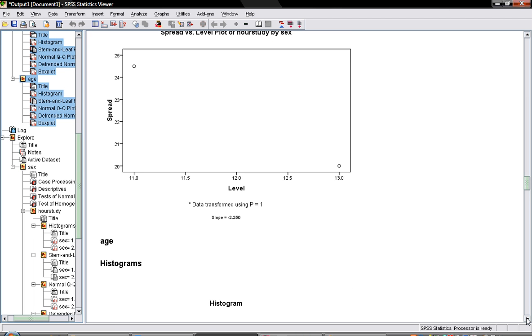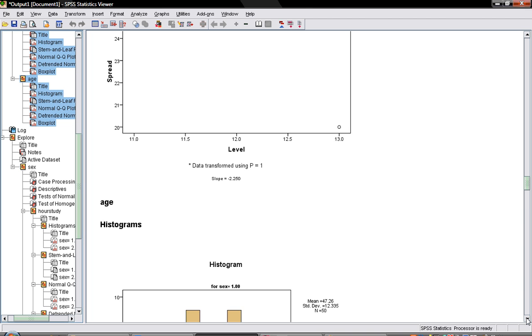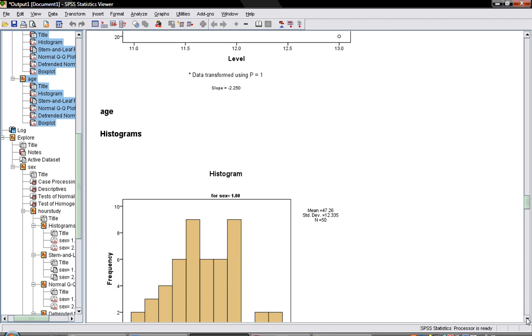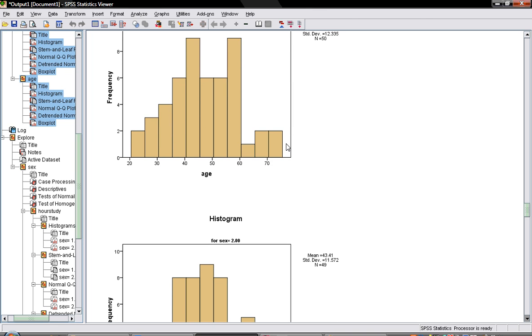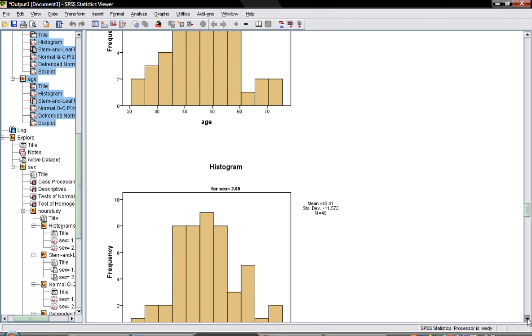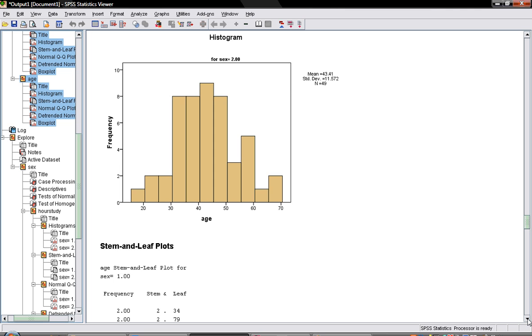Now for the age, which is normally distributed according to the analysis, the graphs here also show normal distribution. There is no positive skewness in the histogram.